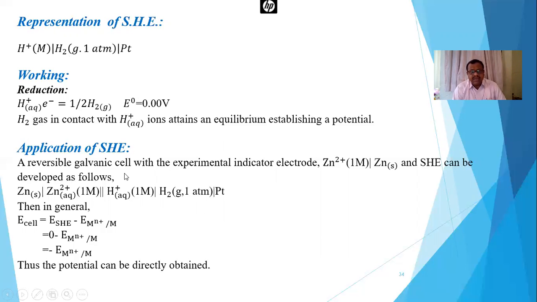It is a reversible galvanic cell, and if it is connected with any other electrode, for example a zinc rod dipped in zinc ion solution, its potential can be calculated as follows. The zinc rod dipped in zinc ion solution is connected by a salt bridge with the standard hydrogen electrode, that is H plus aqueous, 1 molar concentration, H2 gas, 1 atmosphere, and a platinum electrode at the far right hand side.